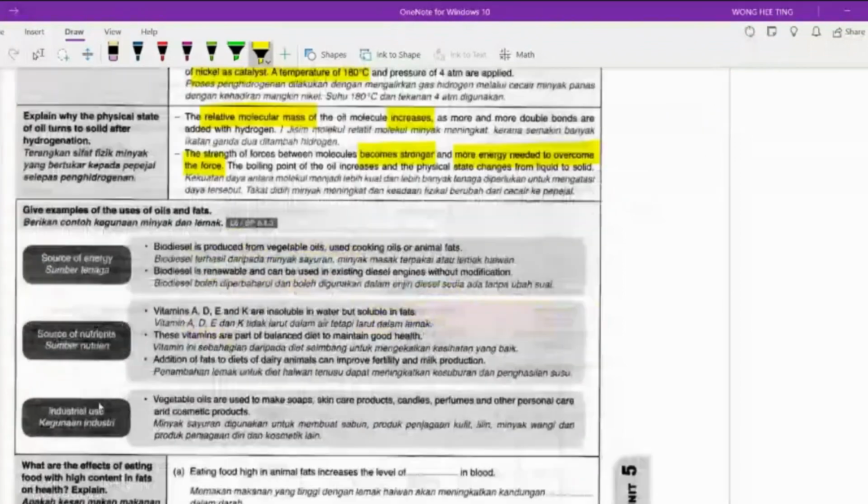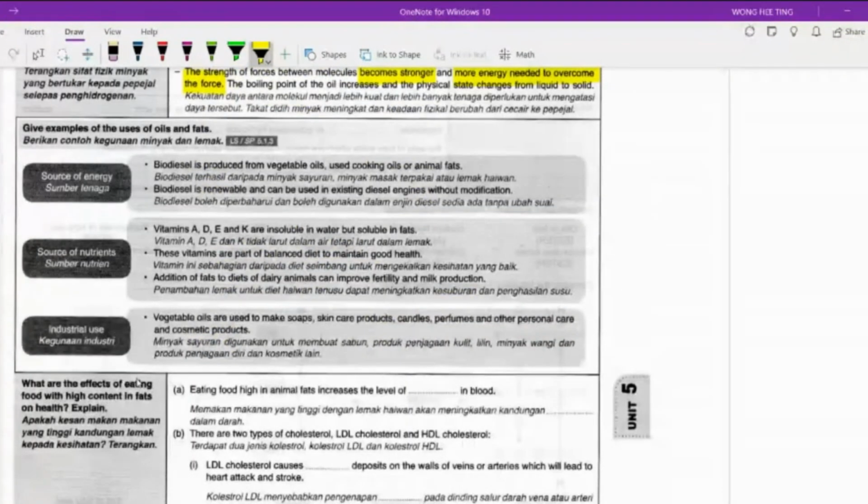Now, examples of uses. Source of energy, for example biodiesel, produced from vegetable oils used for cooking and or animal fats. Biodiesel is renewable and can be used in existing diesel engines without modification. This is for energy. The next one is nutrient. For example, vitamins A, D, E, and K are not soluble in water, but they are soluble in fats.